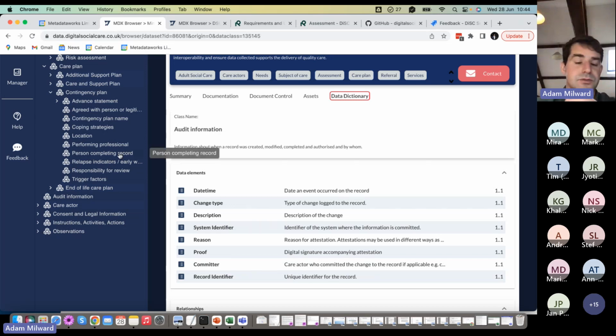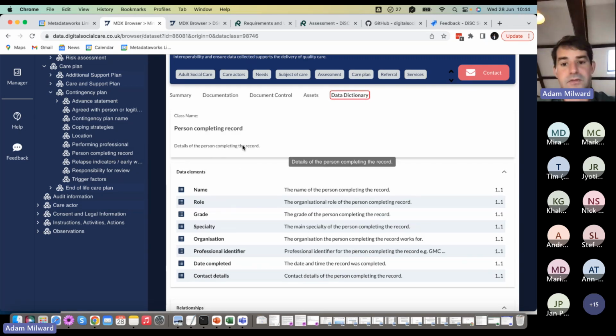So we need to dig into that a little bit more, because is the person completing the record the person updating or modifying it, or is it the person signing it off? And again, could we just include all of that in the audit information? We'll probably do that.